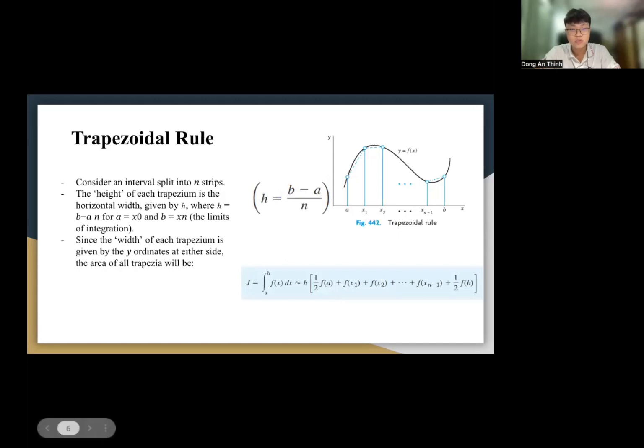Next, we have trapezoid rules. It's just the same as the rectangular rules, where we also consider the interval split into n stripes. It will have the following x coordinates, x0, x1, x2, x3, with the corresponding y coordinates. The horizontal width of each trapezium is given by h, where h is b minus a overall divided by n, where a and b are the limits of integration.